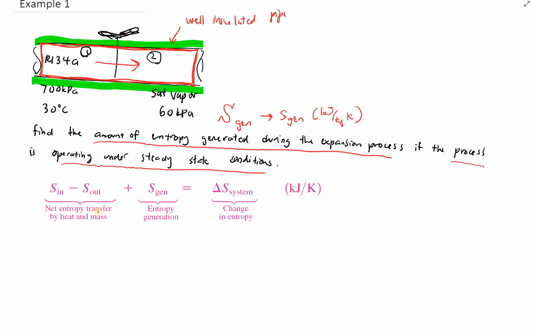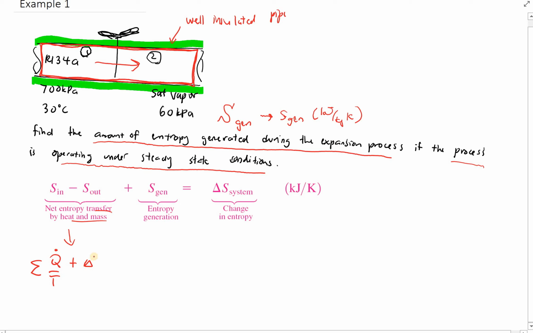From there, we know that entropy can be transferred by heat and mass, so we can expand this part to the change of entropy due to the heat transfer plus the change of entropy due to the mass transfer.